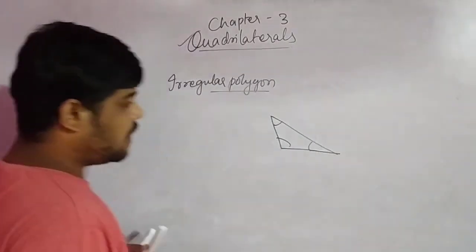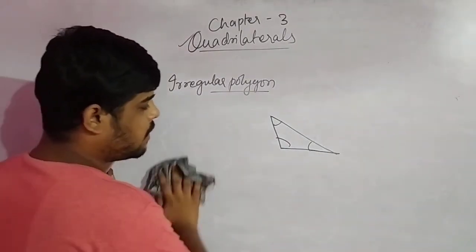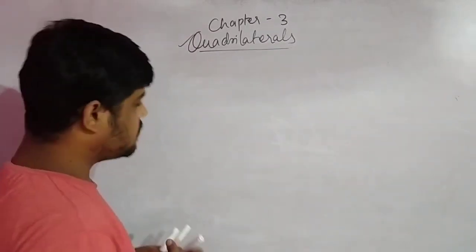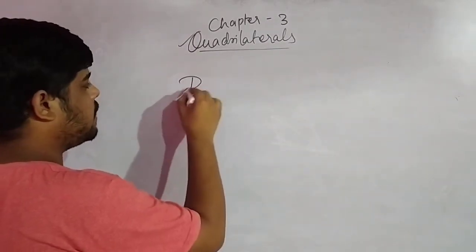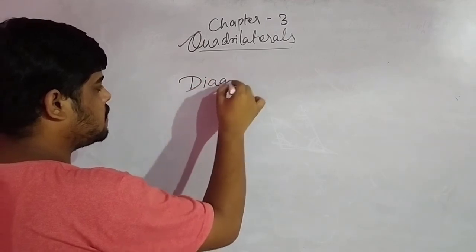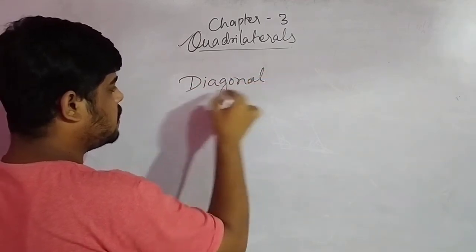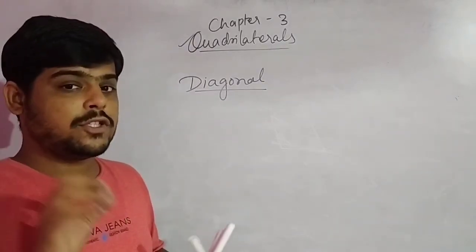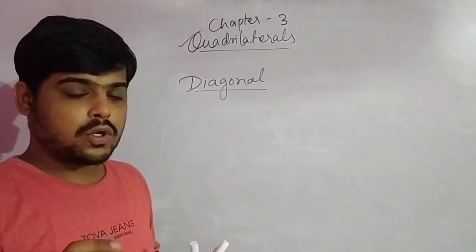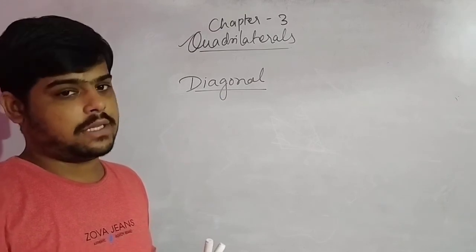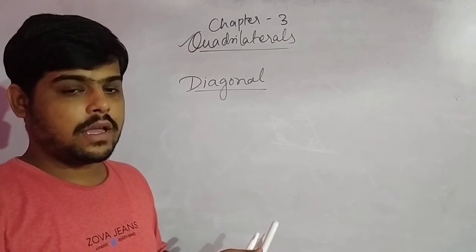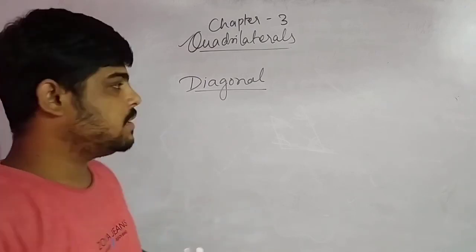Now coming on the diagonals of the polygon. Now what are the diagonals, students? A diagonal is a line which joins two non-adjacent sides. ठीक है, या नॉन कंसेक्यूटिव साइड, ठीक है, या नॉन एडजेसेंट साइड, ठीक है.